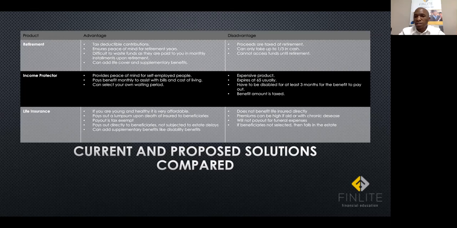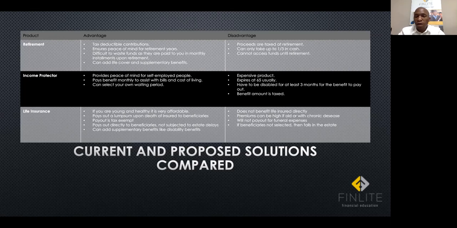It means your taxable income becomes lower because you start removing your retirement annuity contributions before you get to your net. They become some of your deductions, and they reduce your net taxable income. So you save in that particular manner.